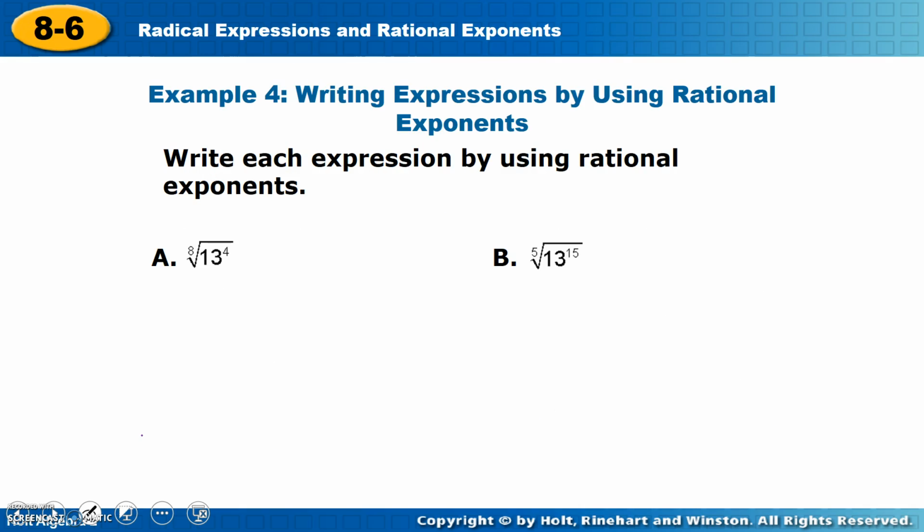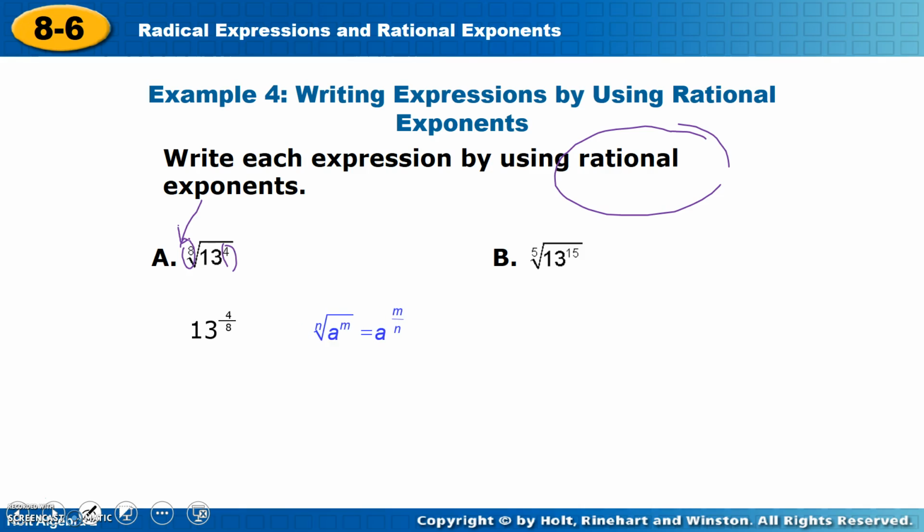So I want you to now take a look at, we have the radical, but now we're going to rewrite it back as a rational exponent. So remember, this is the index and this is the power. Do you remember that this goes in the denominator?